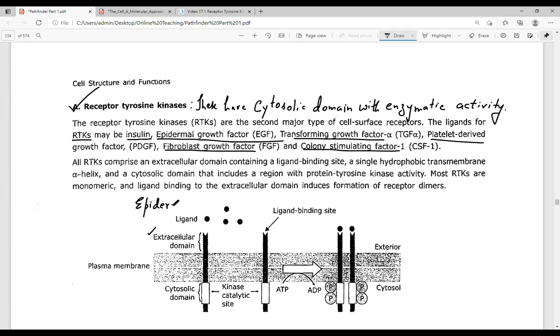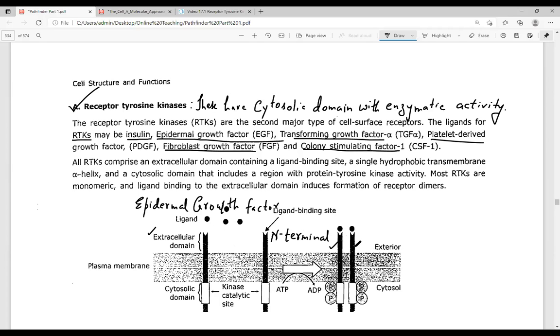Once this epidermal growth factor arrives at this particular site, it will bind to the extracellular domain towards the N terminal. When it binds, it will induce the dimerization of the two molecules together with each other.